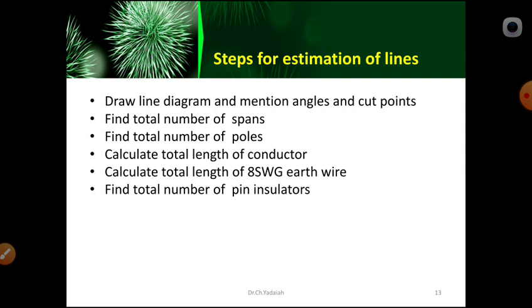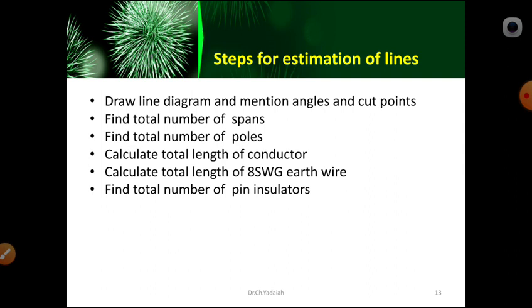In between, wherever you get cut points, you can use strain insulators. Wherever the line is curved or at a 90 degree angle, you can use strain insulators. And for the remaining normal running lines, you use pin insulators. These are some points you have to remember.